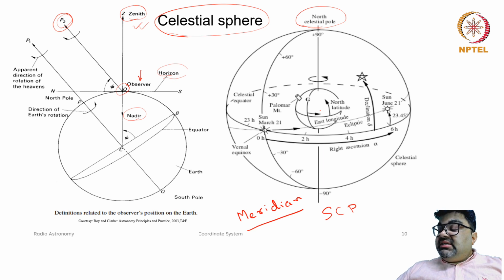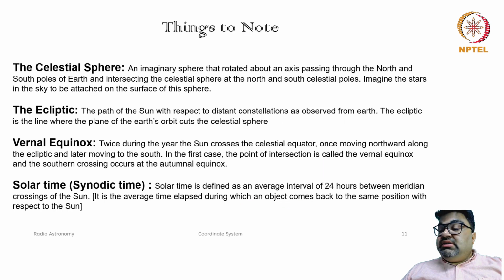They are called the north celestial pole and the south celestial pole. Any line connecting the north pole and the south pole and passing through the zenith is called the meridian, the local meridian. So that's pretty much what we need to know.